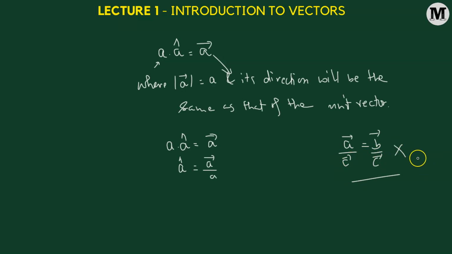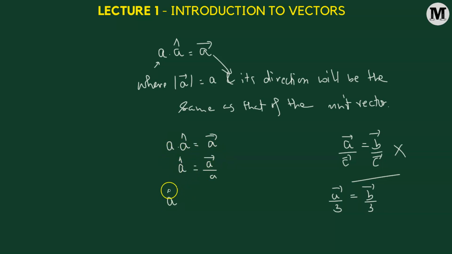We cannot do division in vectors. But what we can do is take this vector a equals b vector and divide it by some number. Let's say 3 is a scalar number, we can divide both sides by 3. Here, since a is a scalar number, we have divided both sides of this equation with a scalar number, so that gets rid of the vector a on the left hand side.